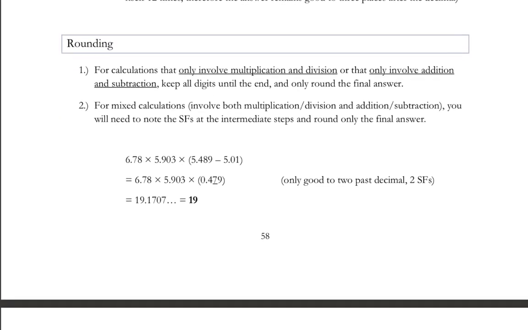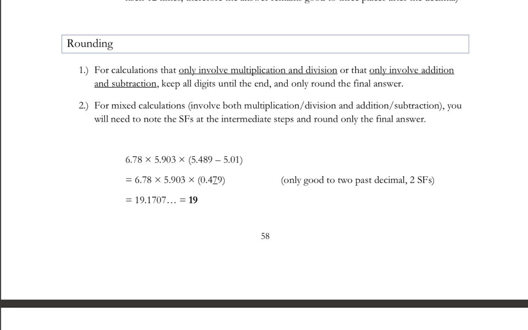Here's an example about rounding. If we have the calculation to make, given here 6.78 times 5.903 times 5.489 minus 5.10, what we do is we do the subtraction first, and we have only 2 decimals in 5.10, so that sets how many decimals we can have in that difference. The 5 and 5, that goes away.